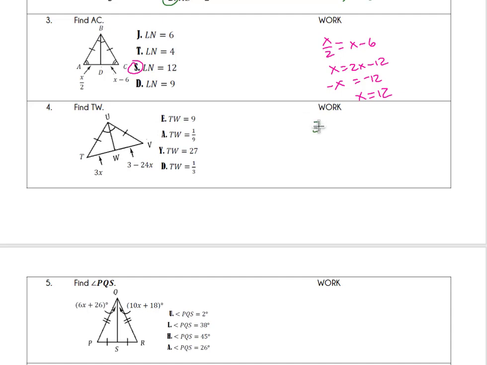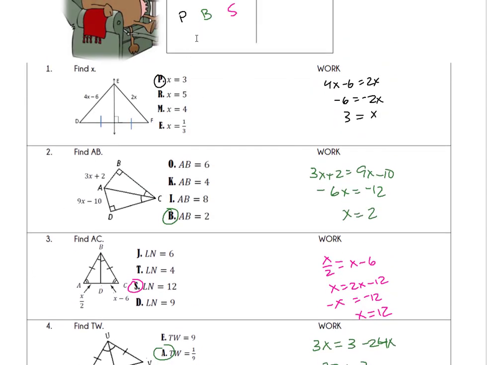And we have 3x equals 3 minus 24x. Add 24x to both sides. 27x is equal to 3. Divide both sides by 27. X is equal to 3 over 27, which simplifies to 1 over 9. So an A comes out of that one for our choices.